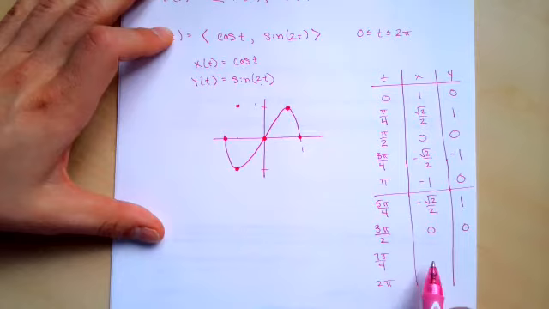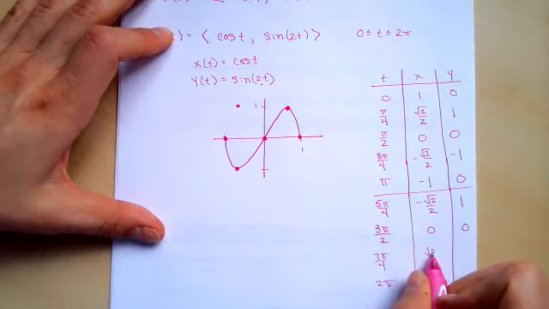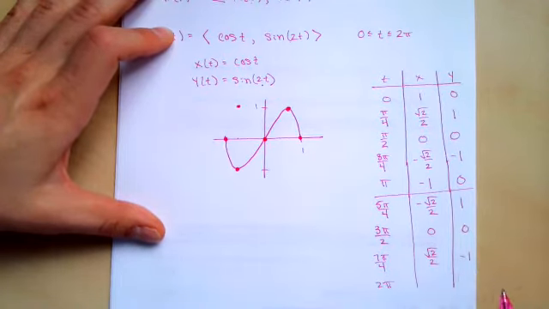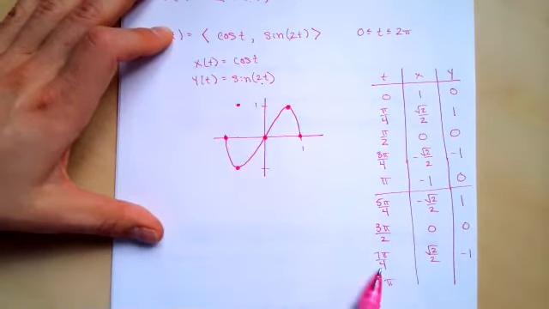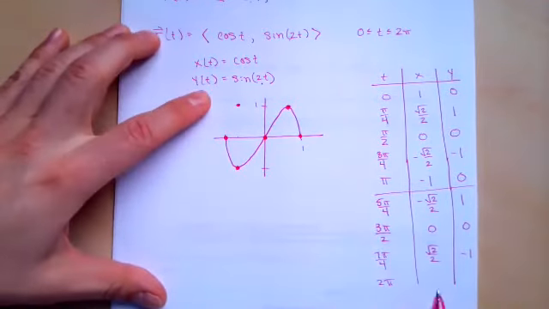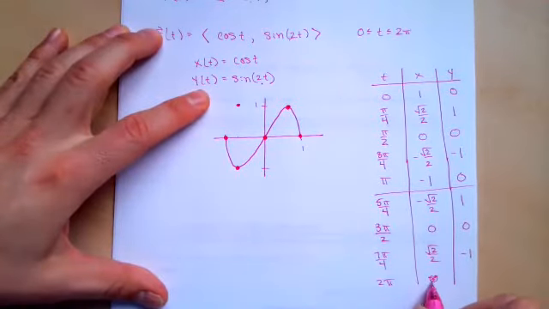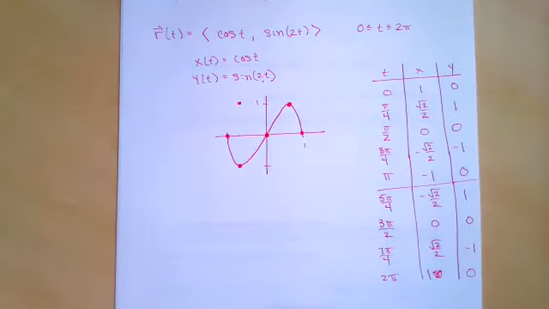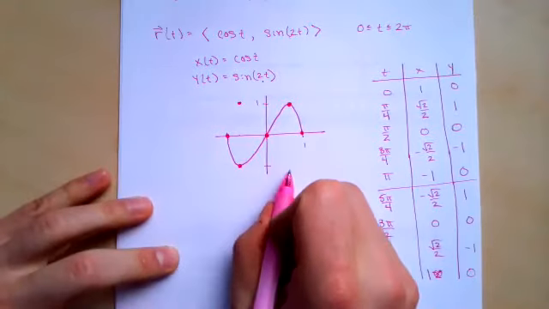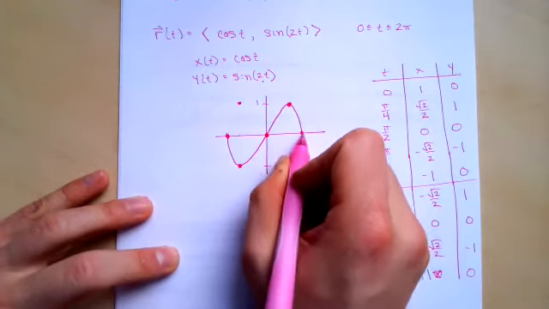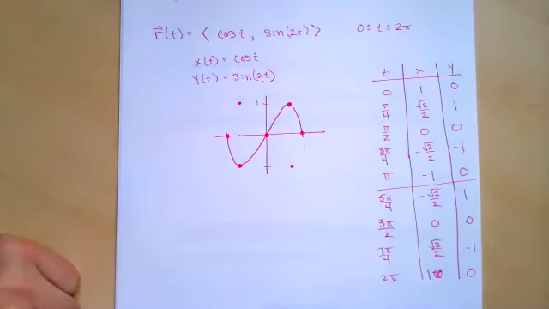So 7 pi over 4, cosine is positive in the fourth quadrant, so root 2 over 2. 7 pi over 2 gives me a -1 for sine. So when we multiply that by 2, we get 7 pi over 2. And then, of course, at 2 pi, I'll just get cosine of 2 pi, 1, and then sine of 4 pi gives me 0. So we had our origin, and our last point is going to be about here, and then back to where we started.